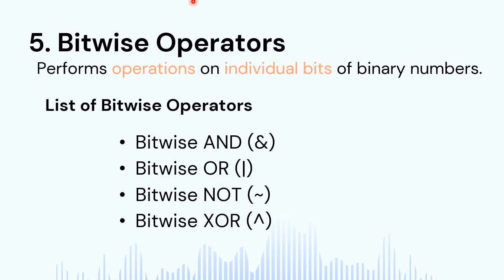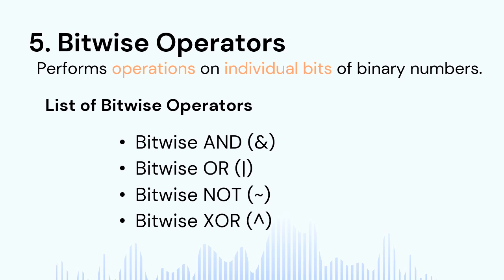The bitwise operators which will be discussed in the video are bitwise AND, which is denoted by the ampersand symbol, bitwise OR, which is denoted by a straight slash, and bitwise NOT. Then the last one is bitwise XOR.